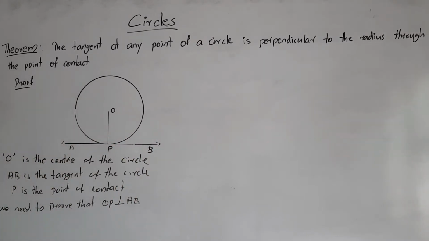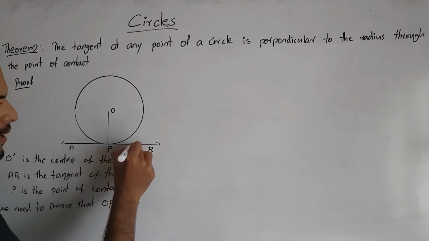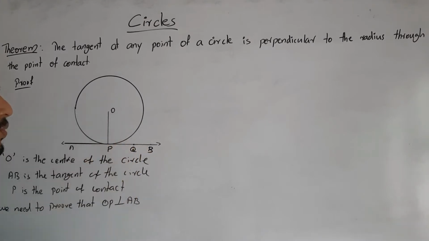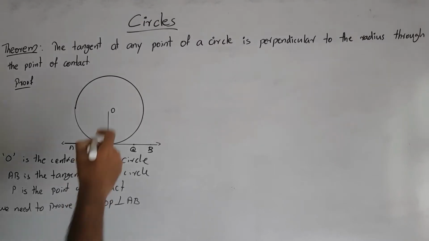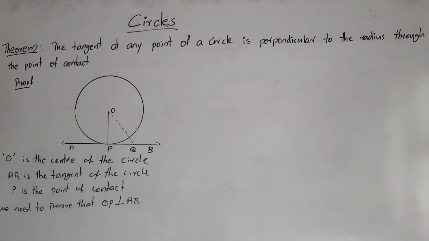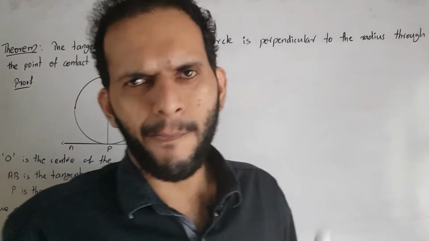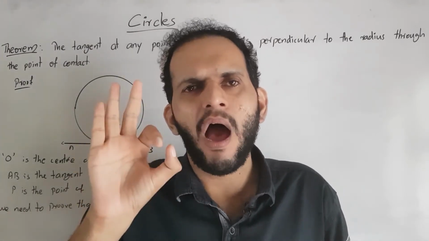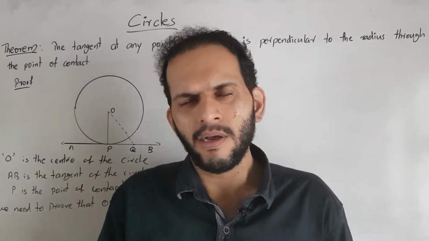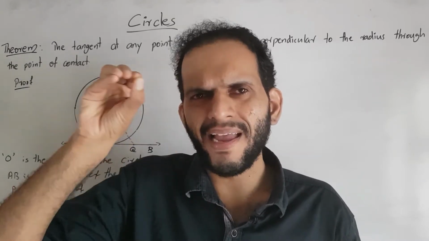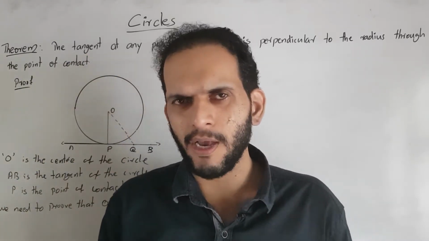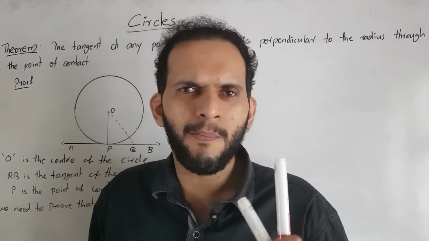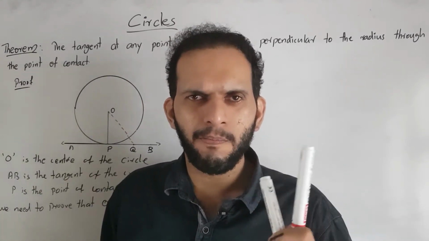For proving this result, the next step is choosing one point on AB. We choose the point Q on AB and we join OQ. Then it is very clear that if we take any point on AB other than P, that point lies outside the circle.